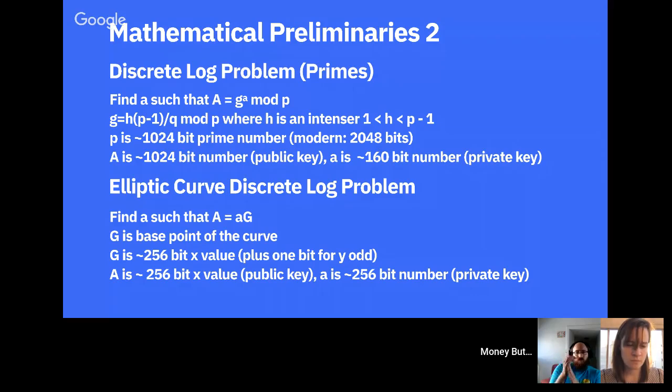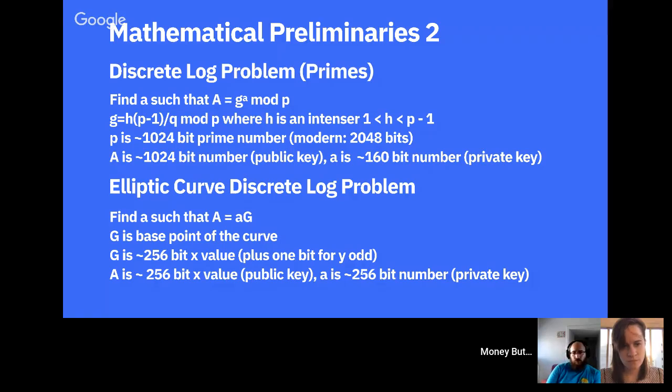And it turns out that this is very, very difficult. If it weren't modulus, you can actually find little a very easily. You just take the log. But because everything is modulus, it's intrinsically more difficult, and you can't easily find little a. So that's just called the discrete log problem.